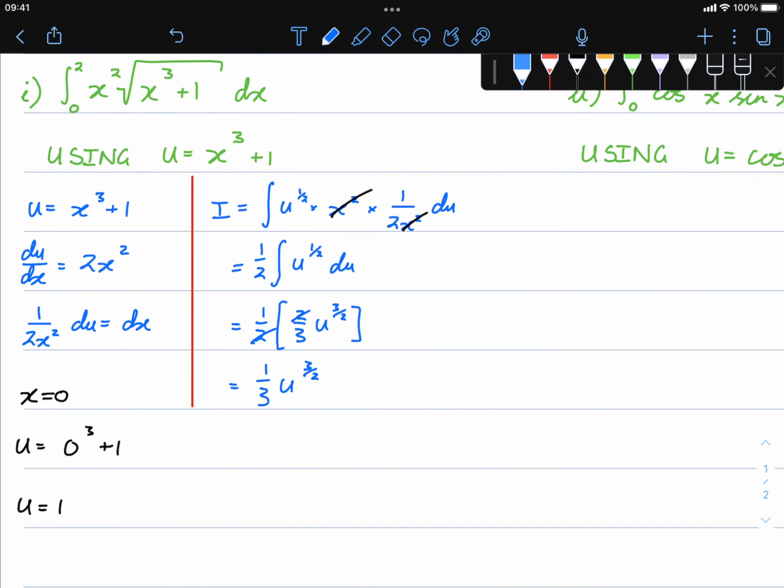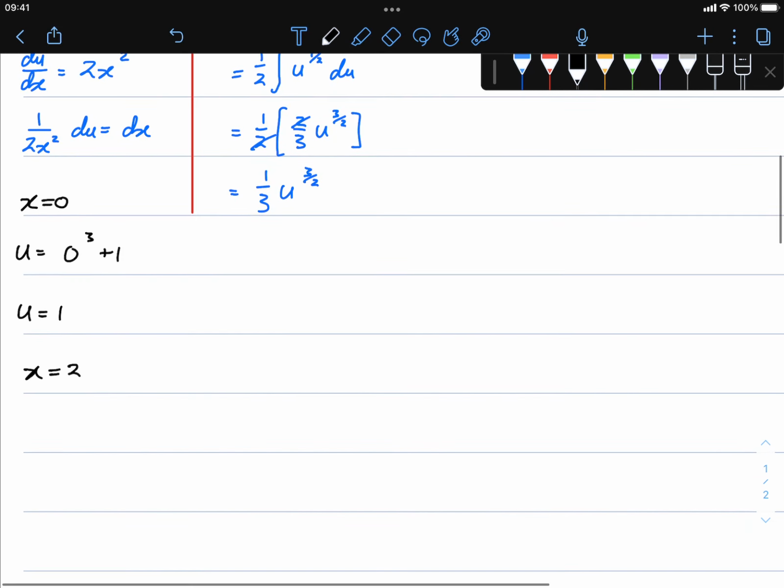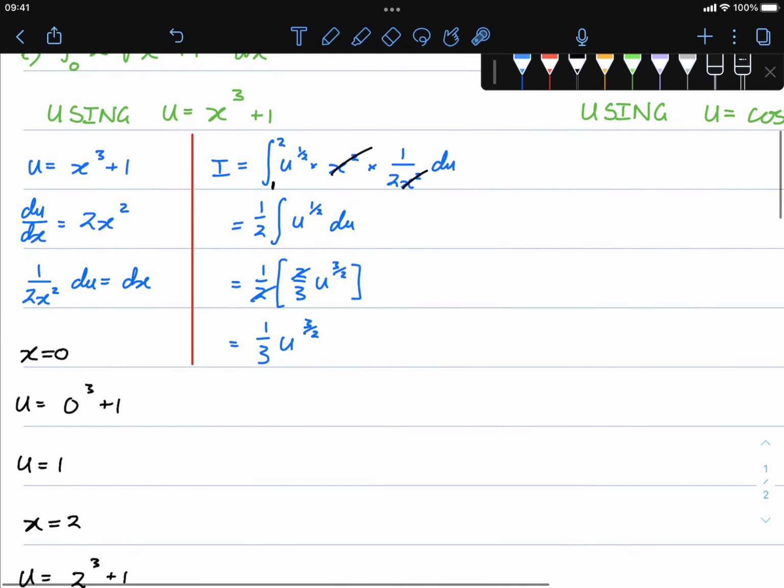So instead of from x equals 0 to 2, 0 will actually become u equals 1. And when x equals 2, u equals 2 cubed plus 1, which is 9. So instead of x equaling 2, u equals 9. So from 1 to 9 instead.